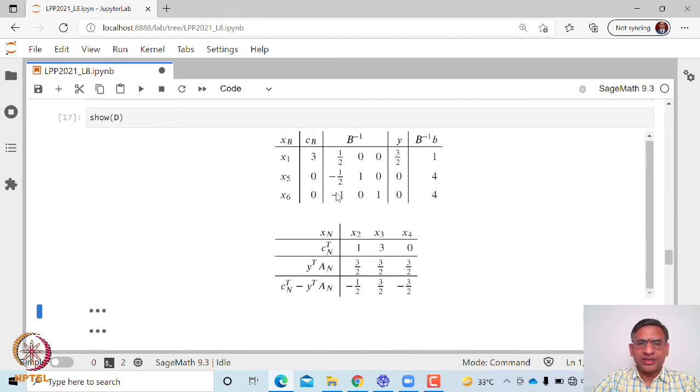You can see that B has changed, therefore B inverse has changed, and the corresponding y and B inverse b have also changed. Since x1 entered and x4 went out, x4 becomes a non-basic variable, x2 and x3 are also non-basic, and the basic variables are x1, x5, x6. This is the coefficient with respect to the basic variables, and this is your y transpose A.